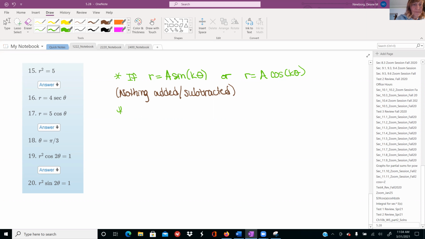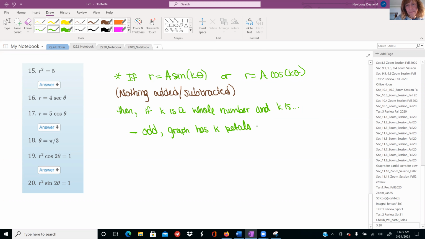Then if k is, well, if k is a whole number, and k is odd, the graph has that number of petals that go out, I'll say absolute value of a units from the origin.